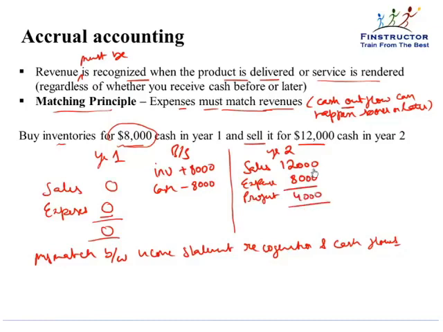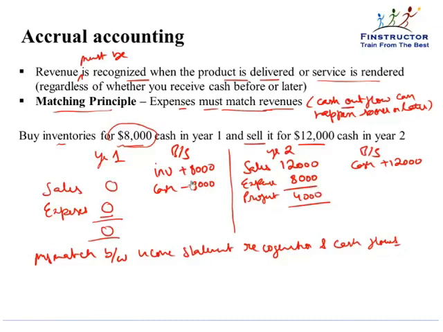Again, the cash inflow is coming, however, this outflow has already been made in year one. As there is a mismatch between the income statement recognition and the cash flow, again the balance sheet items get affected. So as the sales come in, the cash will go up by $12,000, but this expense was already made.